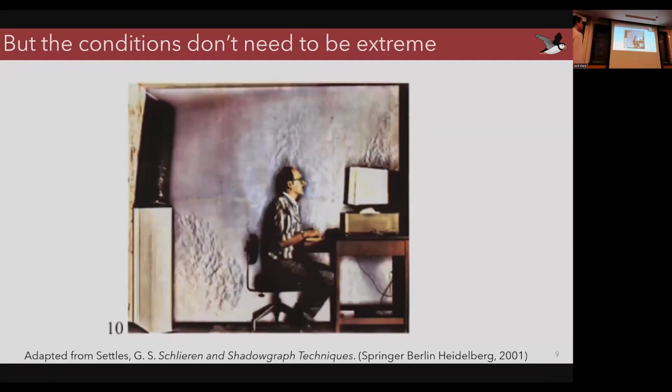But you don't have to fire bullets at things. This is actually a picture of the author of this book writing his book, next to his heating unit. There he is. His head's not quite as impressive as Ben Franklin's, but there's his computer as he types away. You can see that you can make these measurements even in relatively benign conditions.